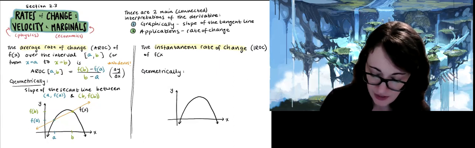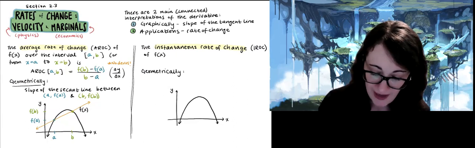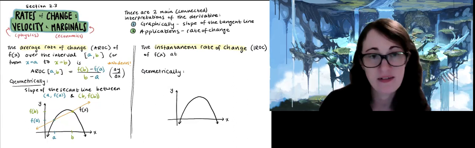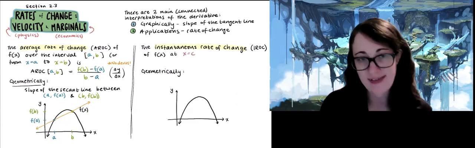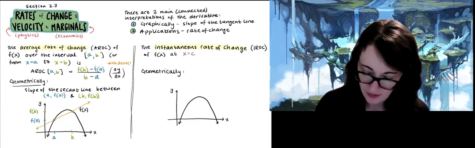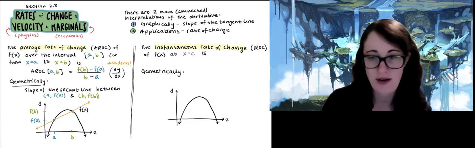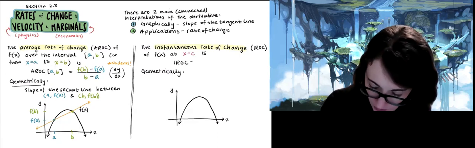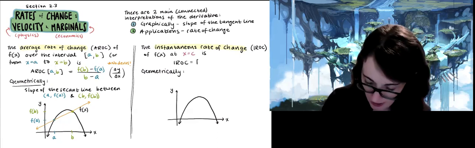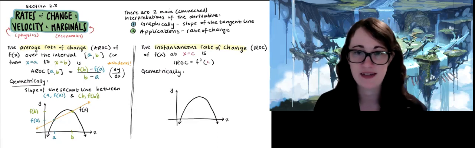So the instantaneous rate of change of a function f of x, but now at a single point, so at the one point that we need, x equals some number, we'll call that c. So this is just given by the derivative evaluated at that point. So we'll say IROC equals f prime, the derivative, evaluated at whatever the point is that we want to find the instantaneous rate of change at.